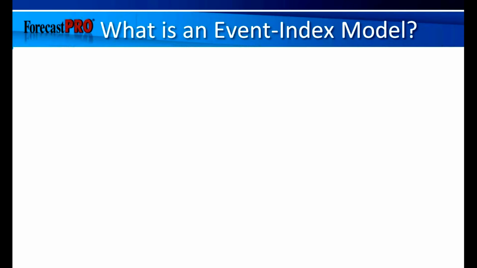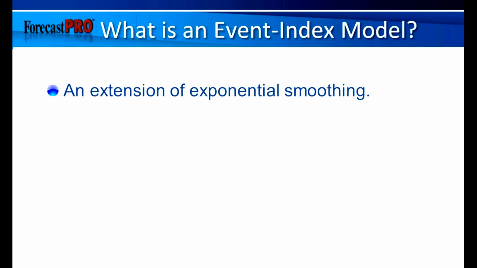So what is an event index model? Well, it's an extension of exponential smoothing. I expect that many of you who are listening are very familiar with exponential smoothing models. They're certainly very frequently popping up in automatic algorithms, certainly in the Forecast Pro ones.